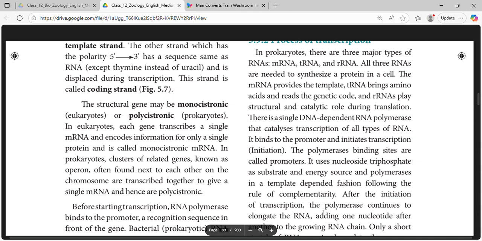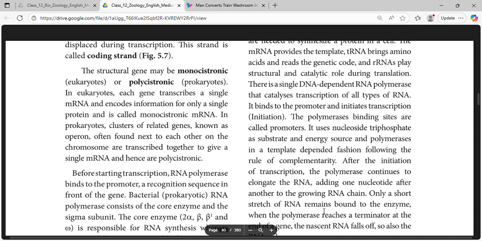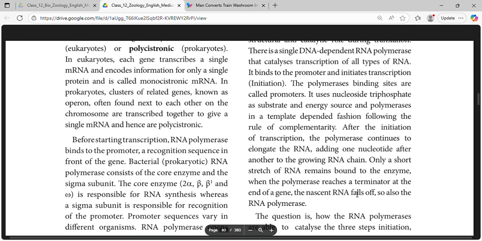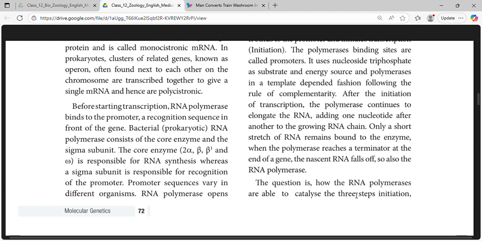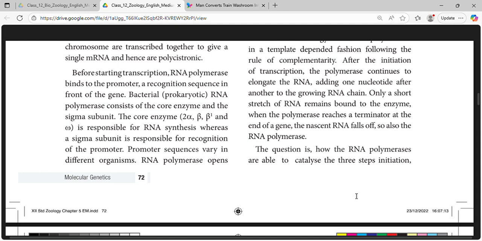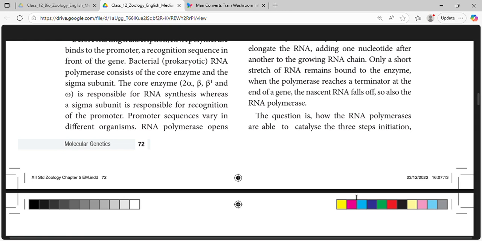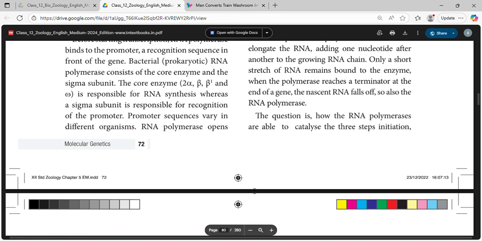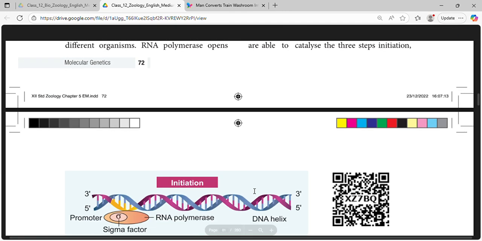After the initiation of transcription, the polymerase continues to elongate the RNA, adding one nucleotide after another to the growing RNA chain. Only a short stretch of RNA remains bound to the enzyme. When the polymerase reaches the terminator at the end of a gene, the nascent RNA falls off, and so does the RNA polymerase.